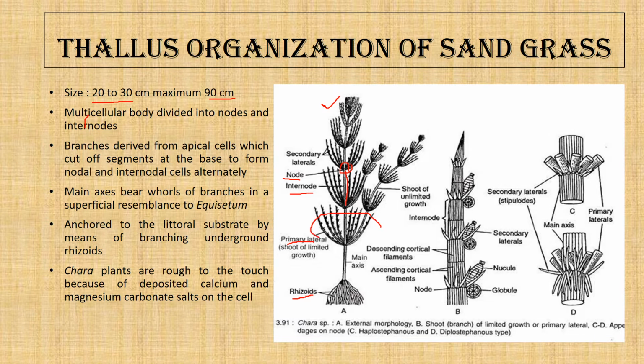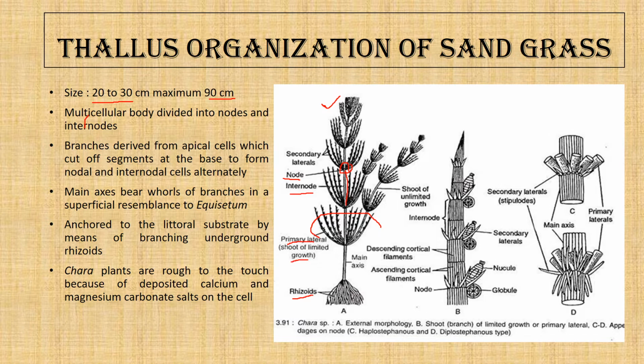These are called the primary laterals, or branches of limited growth, or branchlets or leaves. Why are they called branches of limited growth? Because depending upon the species, they usually grow from 5 to a maximum of 15 internodes, and after that they stop. So this is all about the primary laterals.